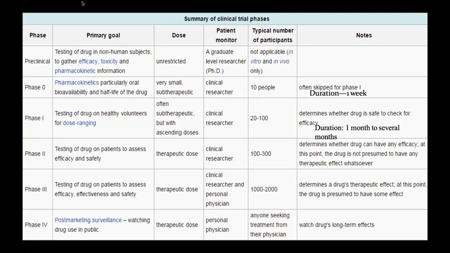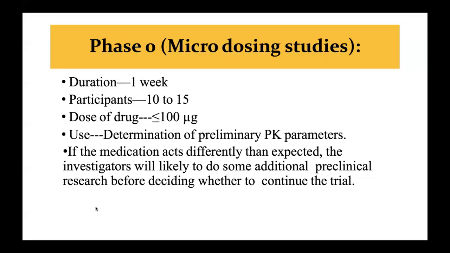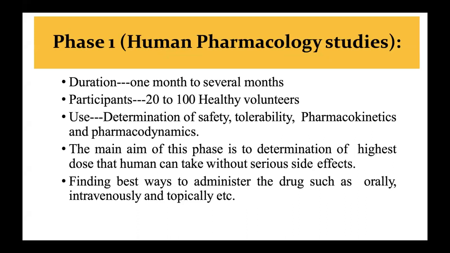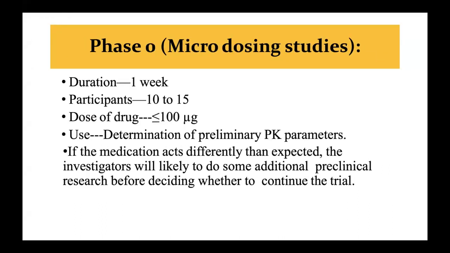And in phase 0, the primary goal is often to skip to phase 1, but the duration is very much, how many people take part in this one. In phase 1, the duration is increased to 1 month. In phase 0, it was 1 week.